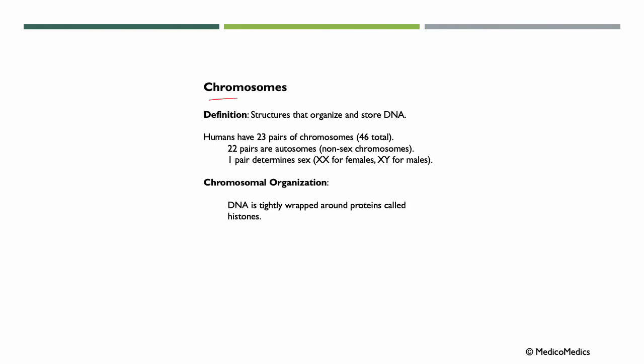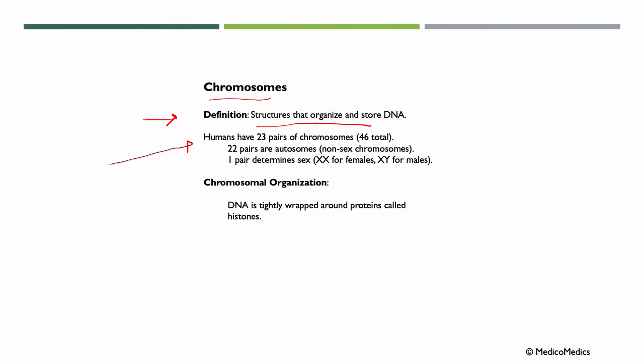Now, chromosomes are thread-like structures made of DNA and proteins found in the nucleus. These organize and store genetic information, ensuring accurate DNA replication and gene expression.